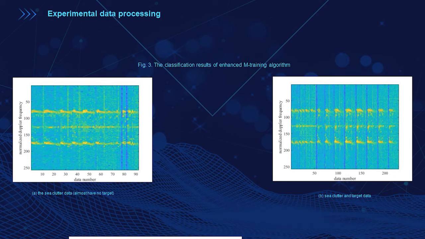If we utilize C-clutter data from a long time ago to train the dictionary, we cannot adequately mine the representative information of the current C-clutter. And the classification results of the enhanced M-training algorithm are shown in Figure 3.